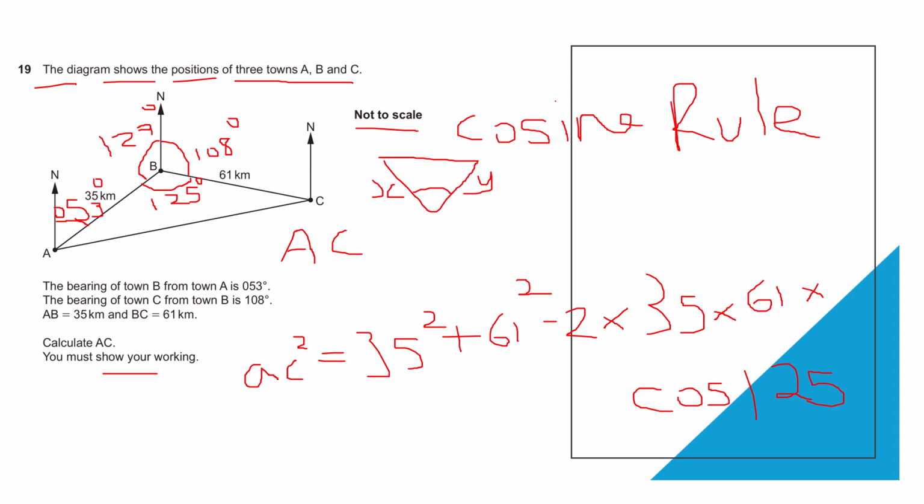So 35 squared plus 61 squared minus 2 times 35 times 61 times cosine of 125. Okay, so the answer is going to be 7,395.171383 on the Casio ClassWiz.